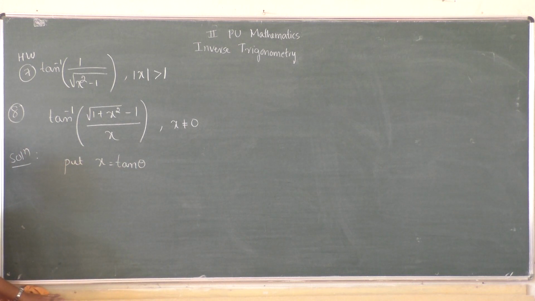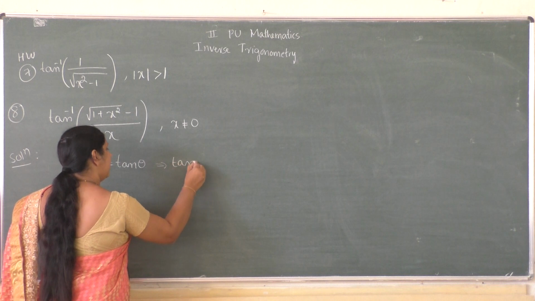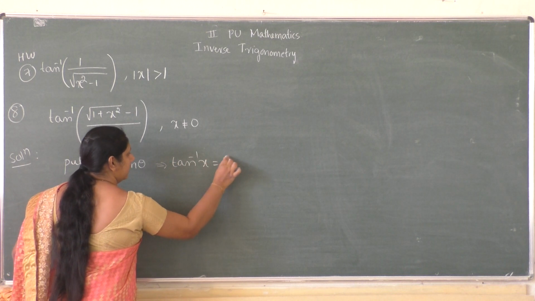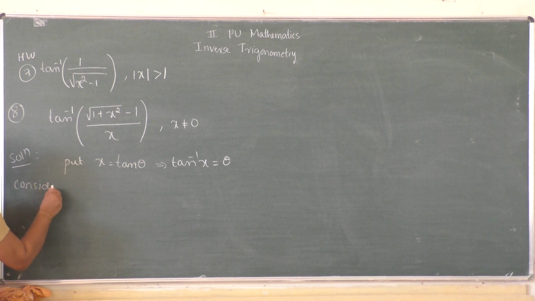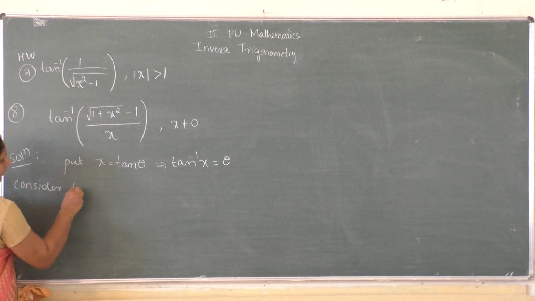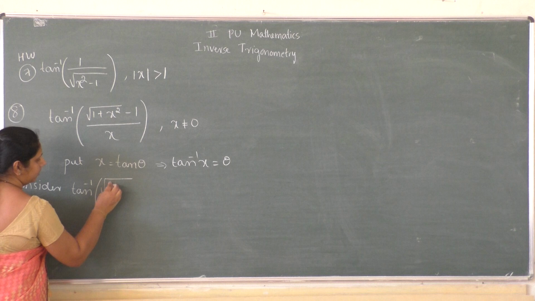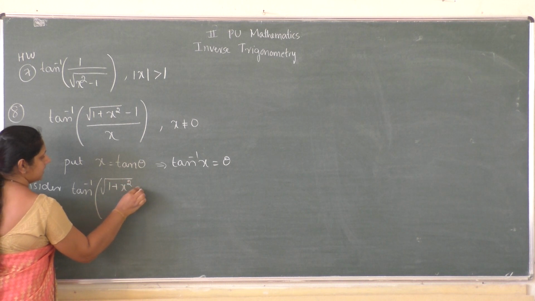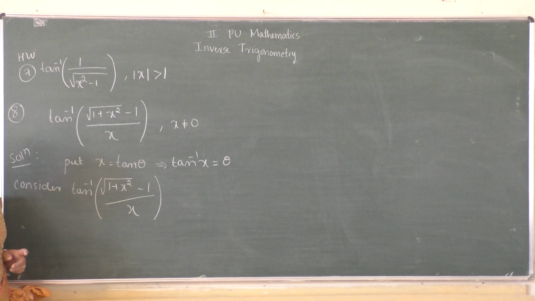See, if I put x equal to tan theta, then tan inverse x equals theta, right? Now I will consider the given question, that is tan inverse of root of 1 plus x square minus 1 divided by x.